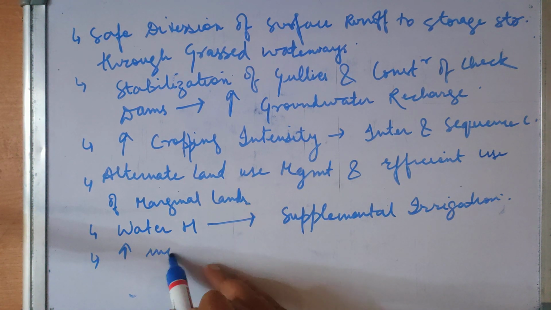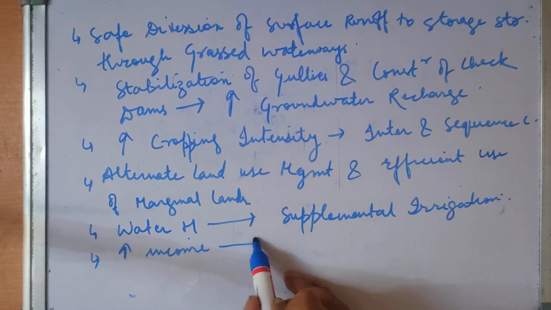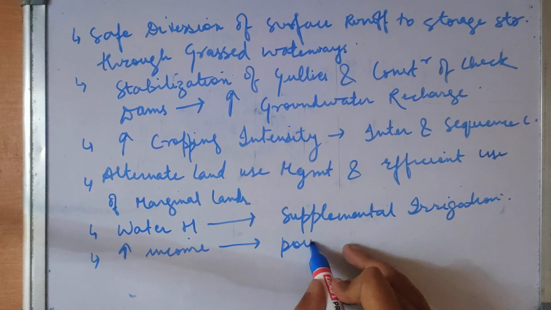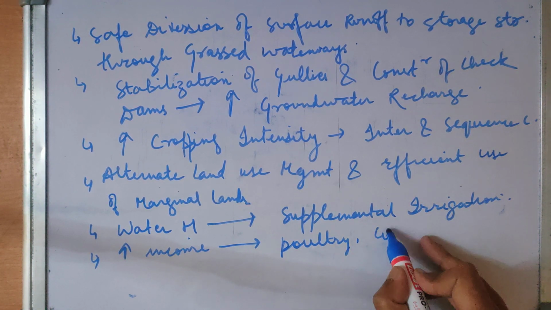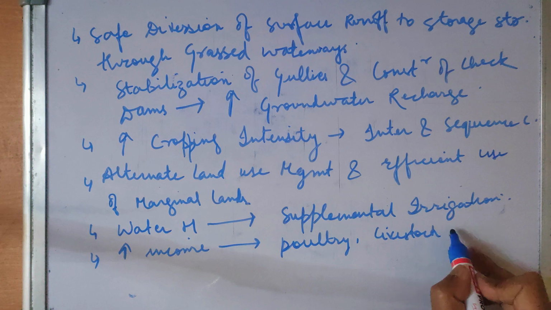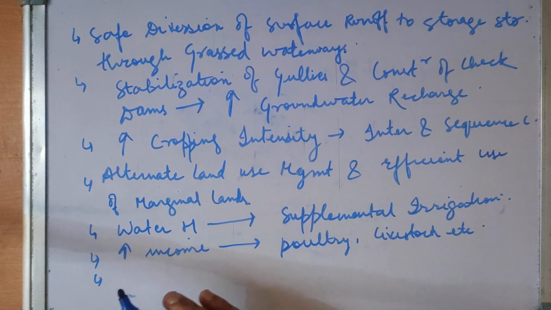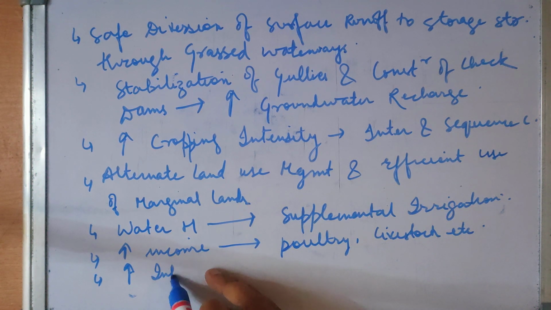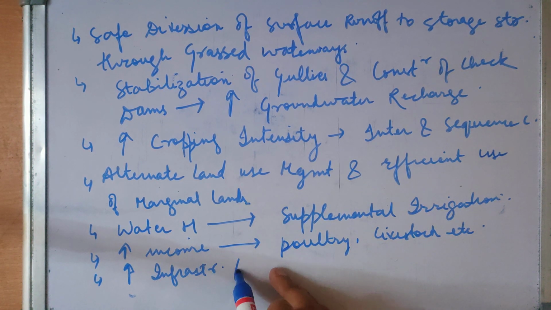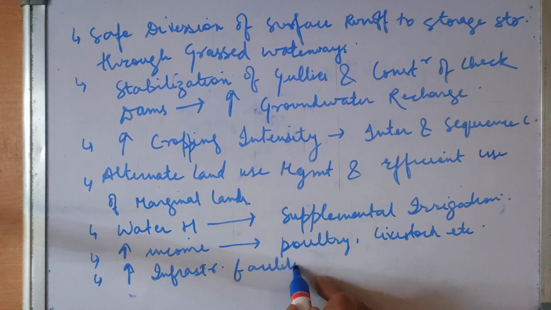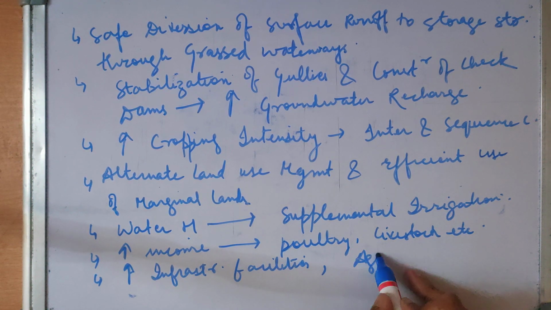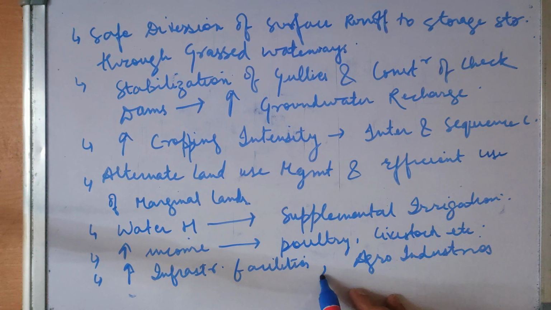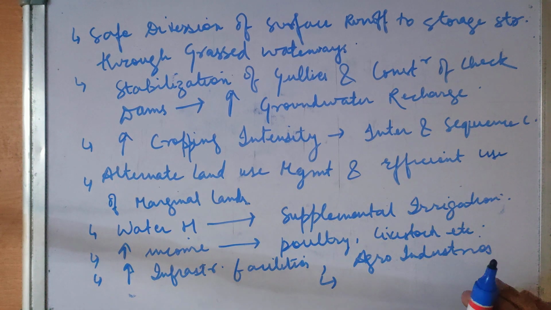Maximizing income through poultry, livestock, etc. Improving infrastructure facilities. Setting up agro industries.